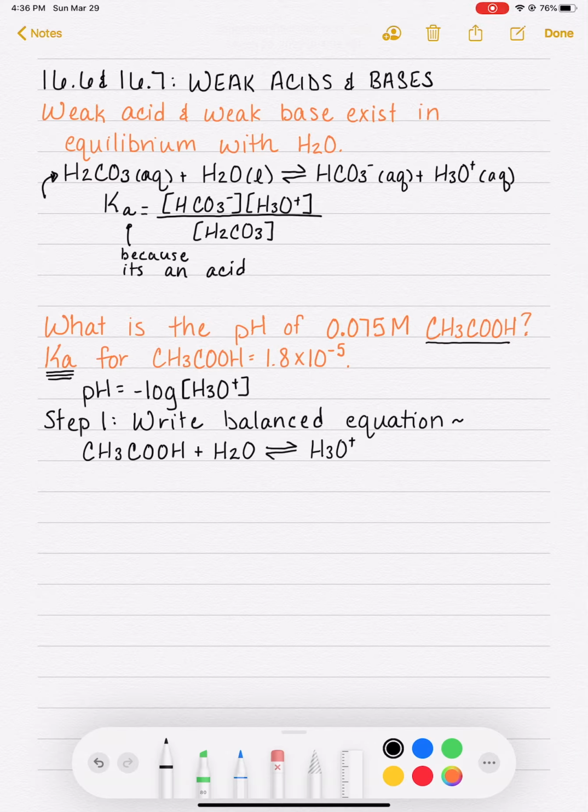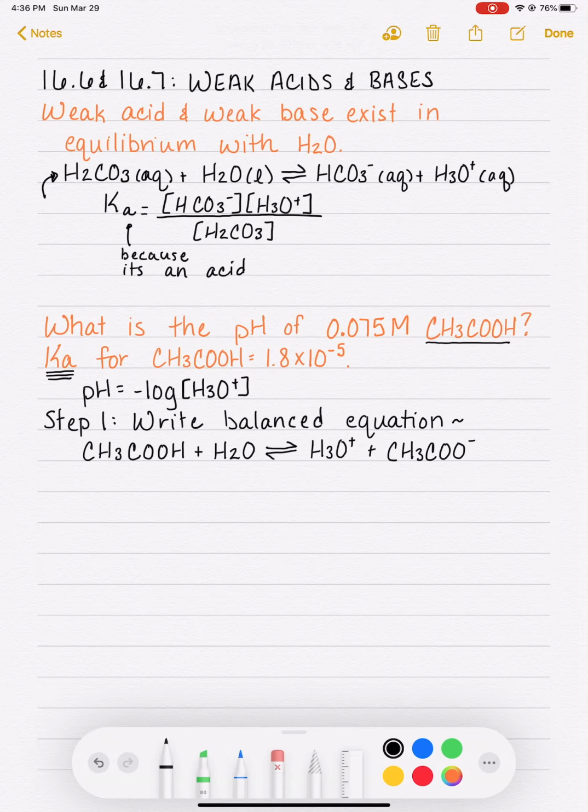And when you have an acid, you're always producing H3O+. So where did the H3O+ come from? It came from the acid, CH3COOH, moving one of its hydrogens over to water. So the other product of this reaction is CH3COO-. It's lost one of its hydrogens. So step one is to write a balanced equation.